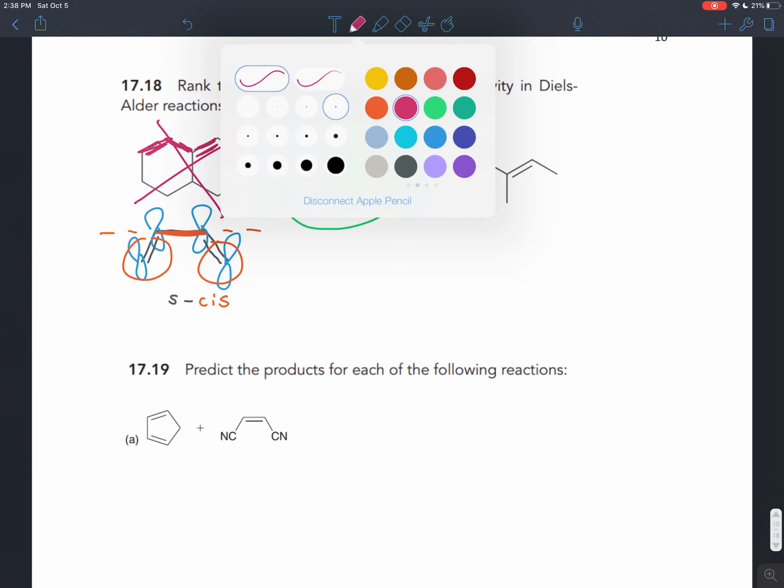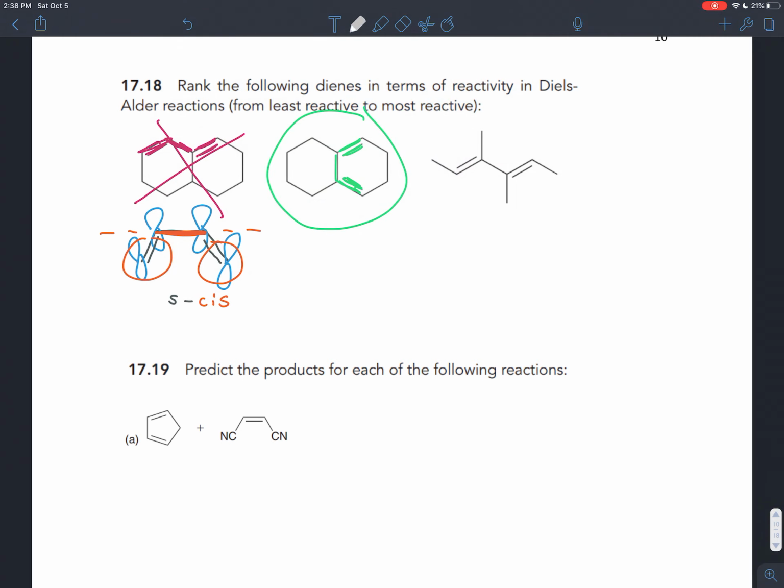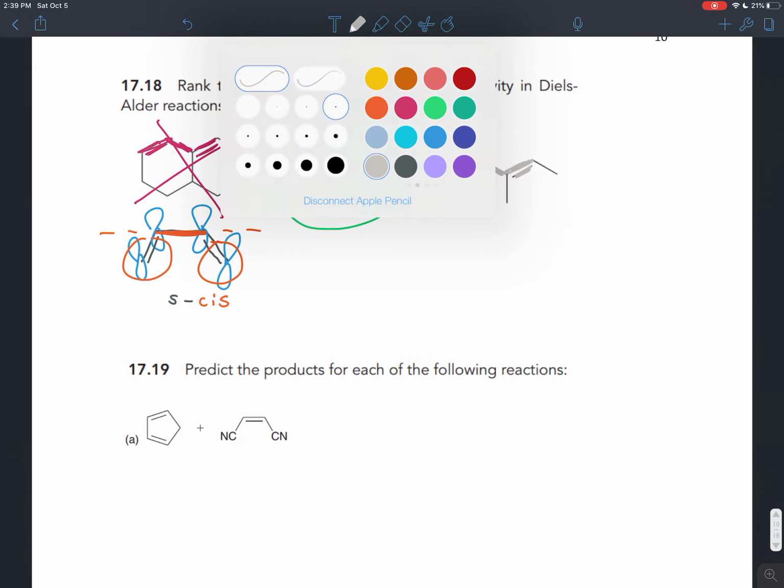And this last one on the right is an interesting one. It is in the s-trans conformation right now. If you were to draw a dotted line down that seemingly single bond, you'd see that the two other double bonds in that conjugated pi system are on opposite sides of that dotted line. So it looks trans if you're tracking that seeming single bond there, but it's not necessarily stuck that way.